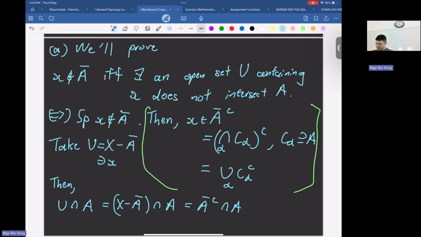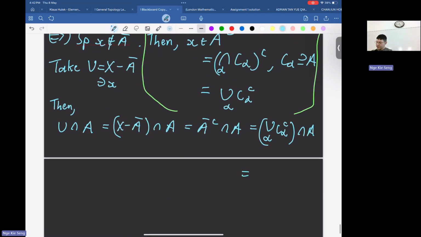We want to show that this intersection is empty, not just about X. You just showed that one thing is not in there, but why is it empty here? If you do the calculation we did just now, it's the union over alpha of C alpha complement intersect with A. C alpha contains A, so the complement of C alpha shouldn't contain A. So there's nothing in A in C alpha complement, so the intersection is empty.